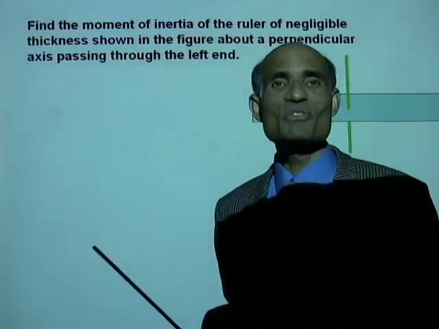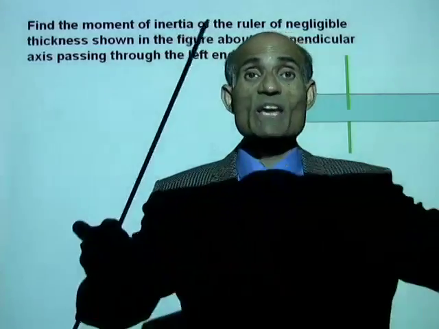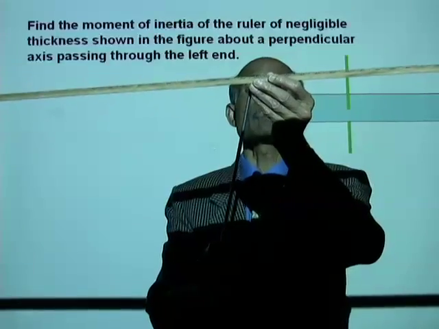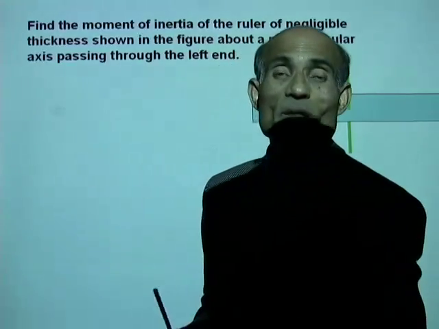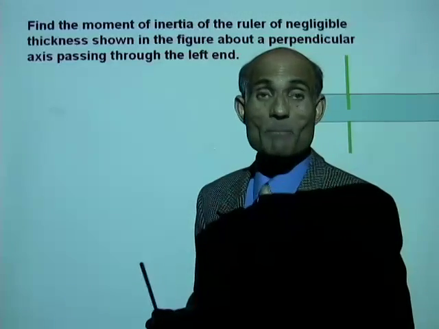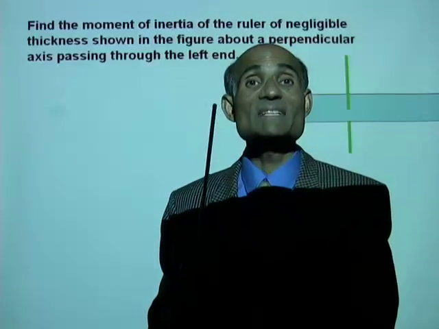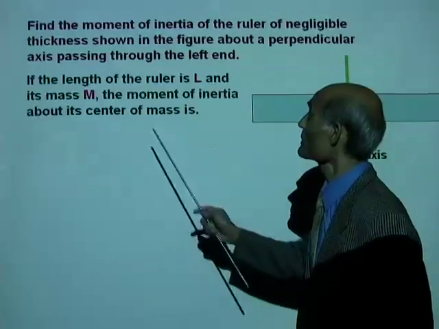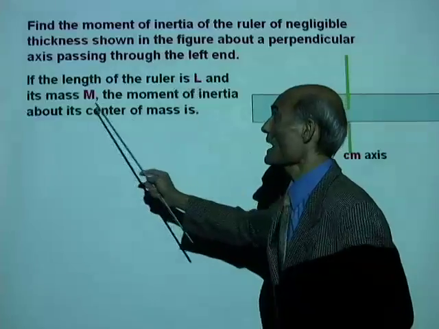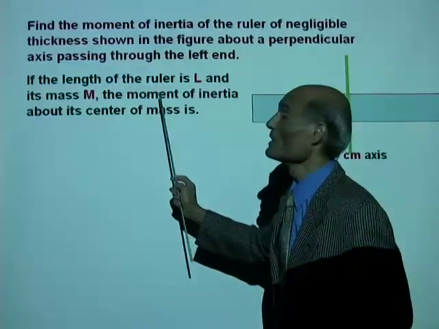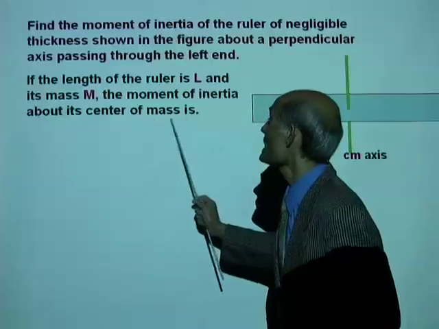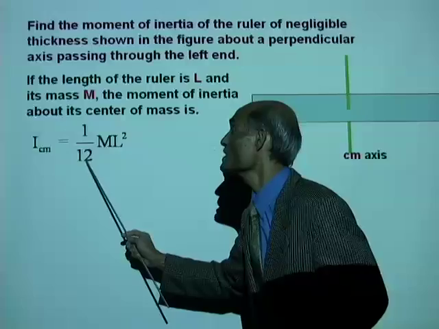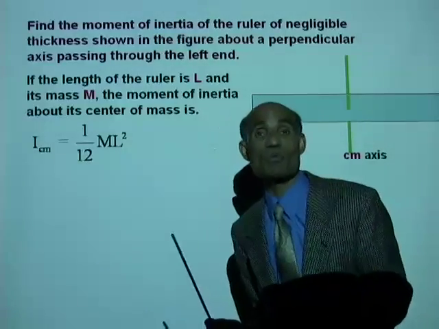Tell me, what is the formula for that? It's 1/12 ml squared. If the length of the ruler is L and its mass m, the moment of inertia about this axis, I center of mass, is 1/12 ml squared.